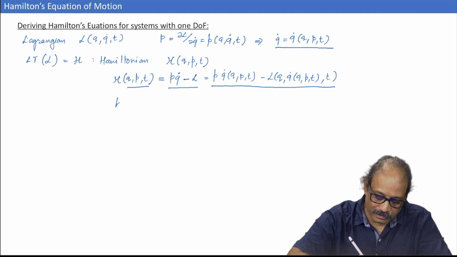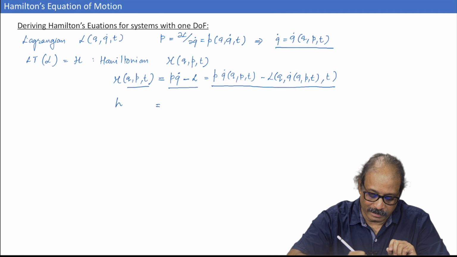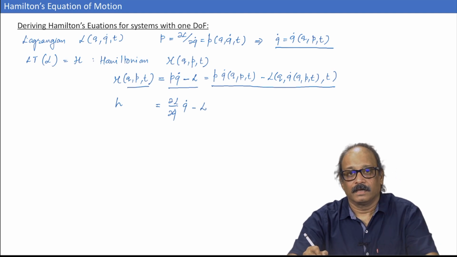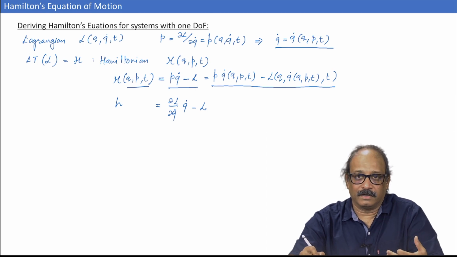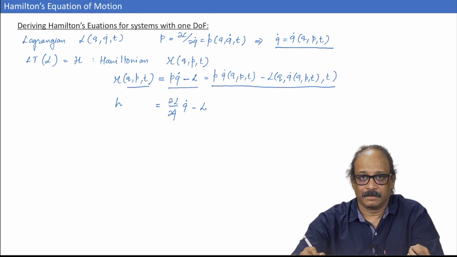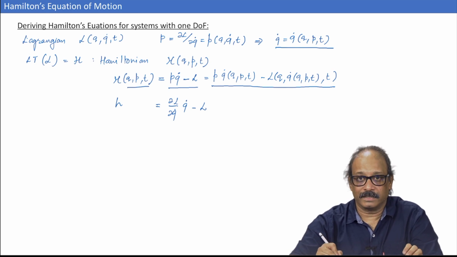So, the energy function, typically denoted as h, was also written as del L by del q dot times q dot minus L, and if you immediately recognize the partial of L with respect to q dot is nothing but p, which is momentum, then these two functions look identical.